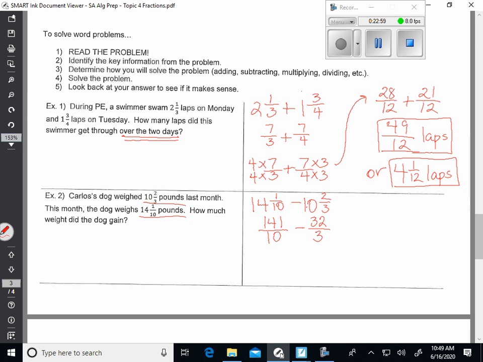There's no whole number times 10 that's going to give us 3, and there's no whole number times 3 that will give us 10. So we do the switcheroo again. We're going to take the first fraction, multiply it times 3. We're going to take the second fraction, multiply it times 10.